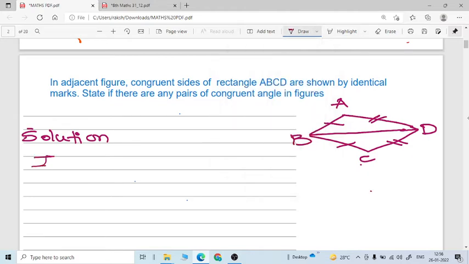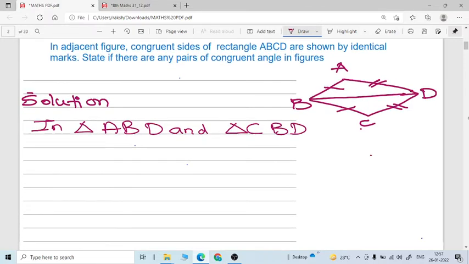That is, in triangle ABD and triangle CBD. In triangle ABD and CBD, which side is common?